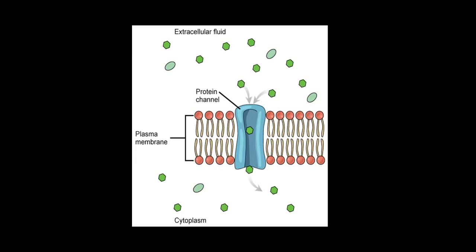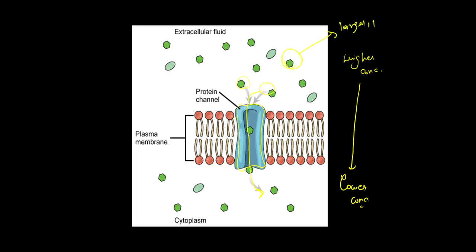So here you can see this is basically a channel protein through which these solutes get translocated toward the lower concentration. This is higher concentration, and these substrates are most probably large polar molecules.